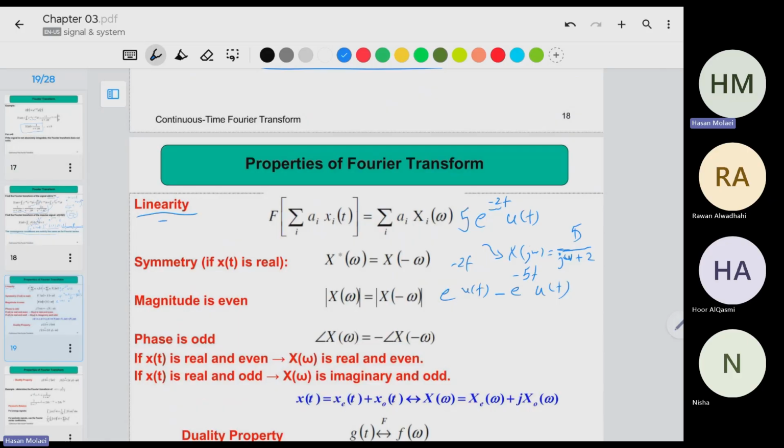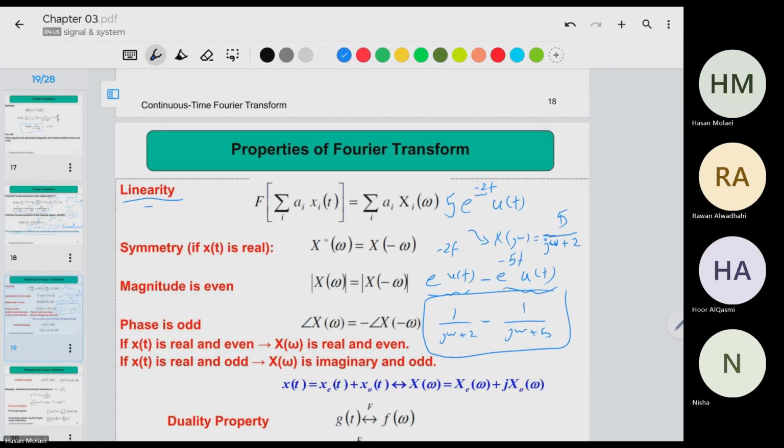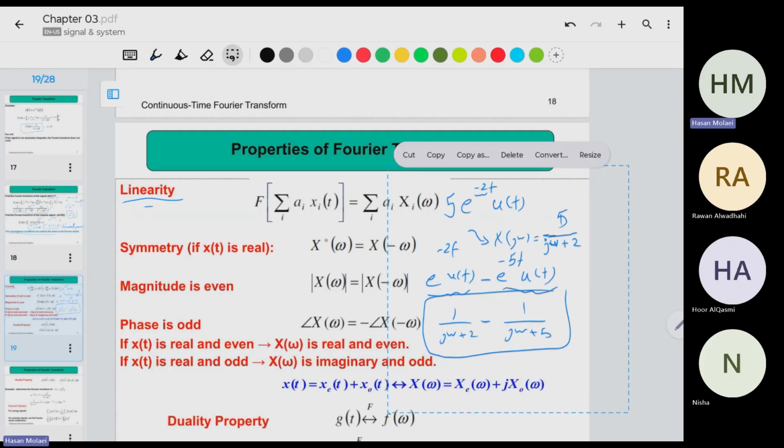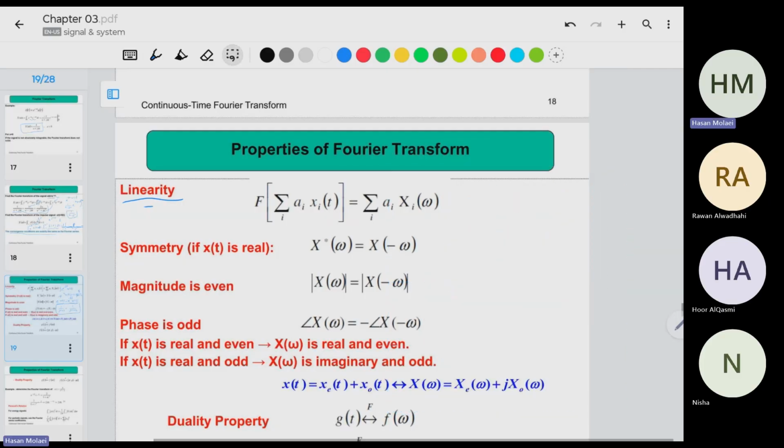How do you find this one? Since the system is linear and the Fourier transform is linear, we can find this separately and add the answers. This is 1 over j omega plus 2 minus 1 over j omega plus 1. This is the linearity property, which makes it really easy to find.